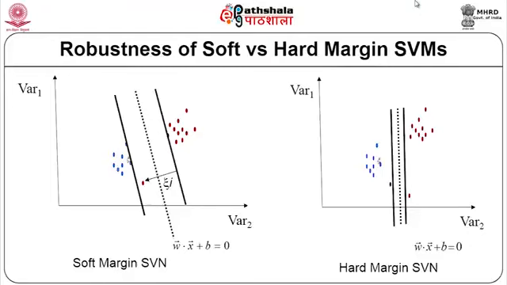As soft margin, the margin is there, but the margin is a little bit loose. Here you have a very strict or hard margin where you do not have any misclassification. So, this is the difference between hard margin and soft margin.